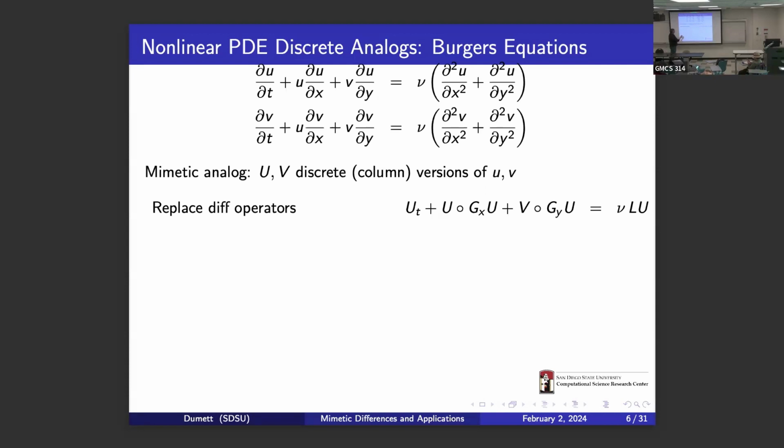And the same happens here. V is the discrete v. There is this sort of multiplication, and this is the gradient of u with respect to y, where u is a vector and the gradient in y is a matrix representation, such that the product with u will give me the gradient in y with high order of factorization. And here we have the Laplacian operator operating on u. So the discrete version will be L times u.